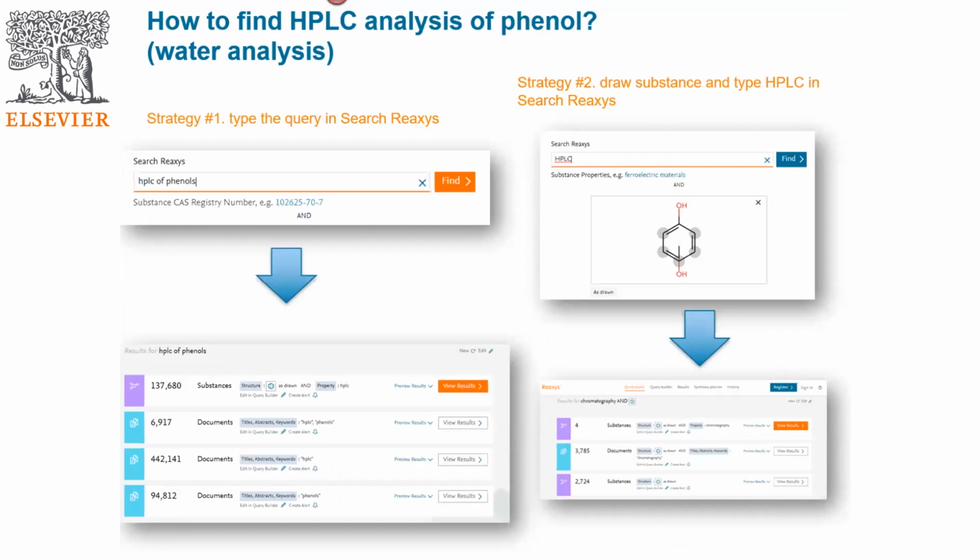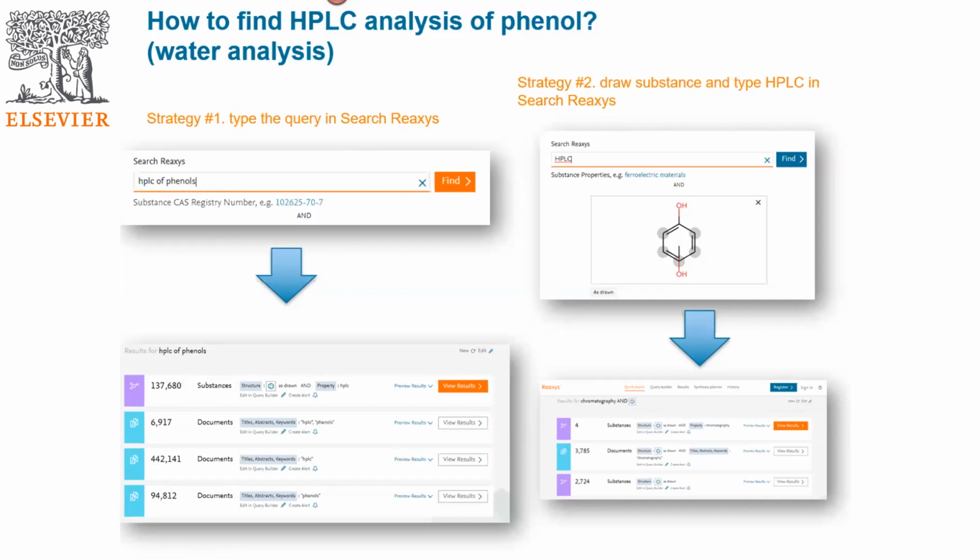And last but not least is searching of analytical chemistry data. There are two approaches. One of them is to fully type your search in Reaxys, for example, HPLC of phenols.